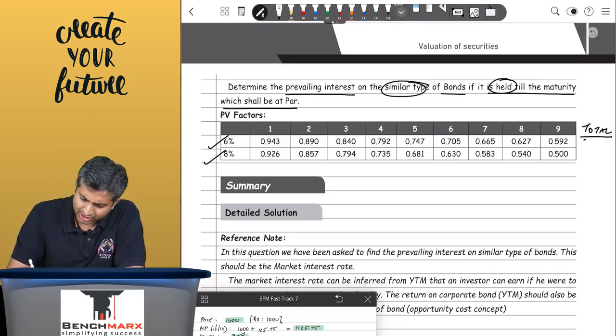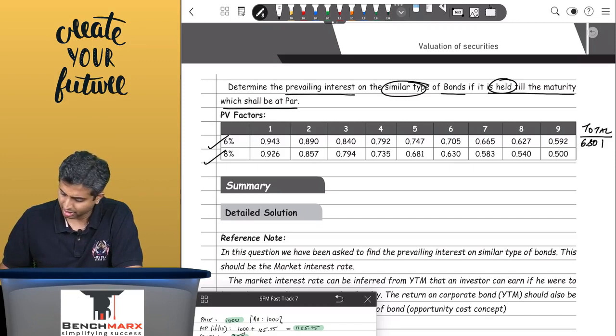So this is, I think, 6.801 if I'm not wrong, and 0.926, 0.857, 0.794, 0.735, 0.681, 0.630, 0.583, 0.540 and 0.5. I guess this is 6.246.